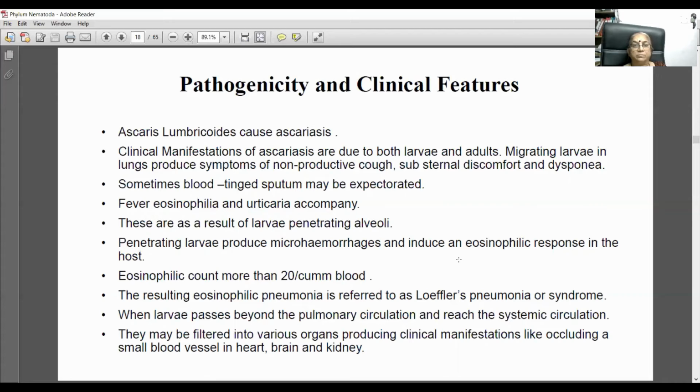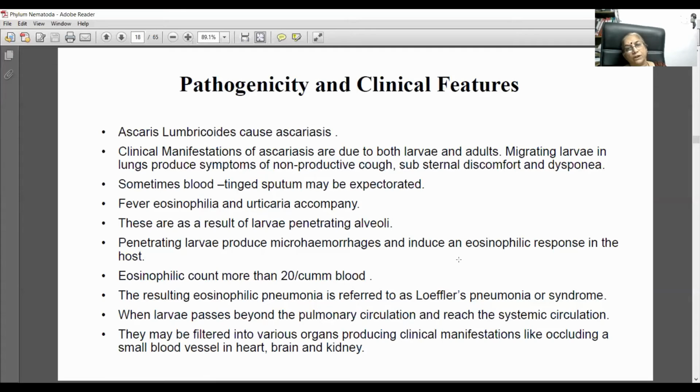And all this is because the larvae are penetrating the alveoli. The larvae have antigenic material which causes irritation in the blood, and this penetrating larvae will produce hemorrhages and induce an eosinophilic response in the host.